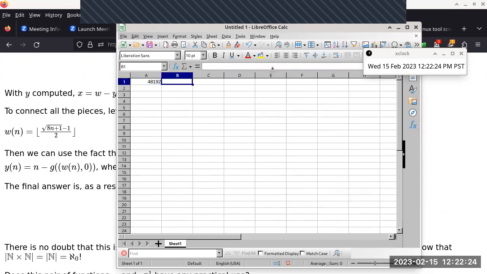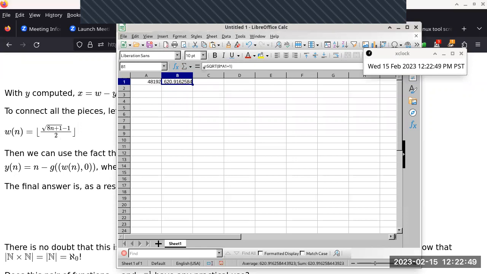I'm not 100% sure. So now the next column B is going to compute W of whatever is in column A. If I remember correctly, it is the square root of 8 times whatever we have as the natural number plus 1, and then we take this whole thing, and then I cannot remember the rest. Oh, it's right here.